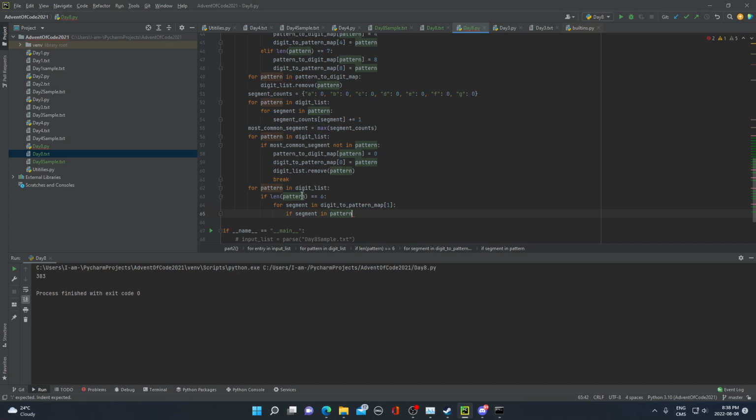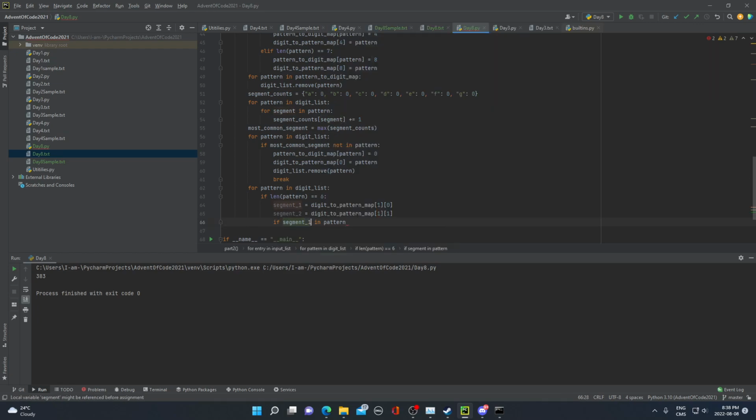I don't even have to go 4. Hold on. Segment 1 equals the first segment. And then segment 2 equals the second segment.